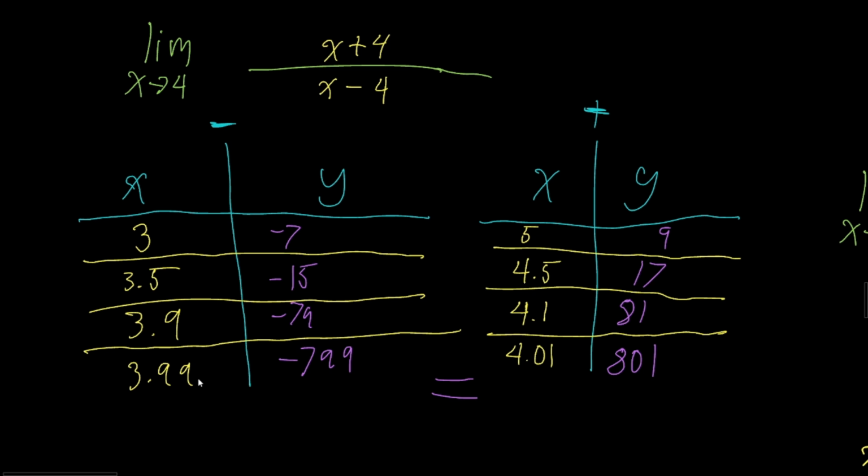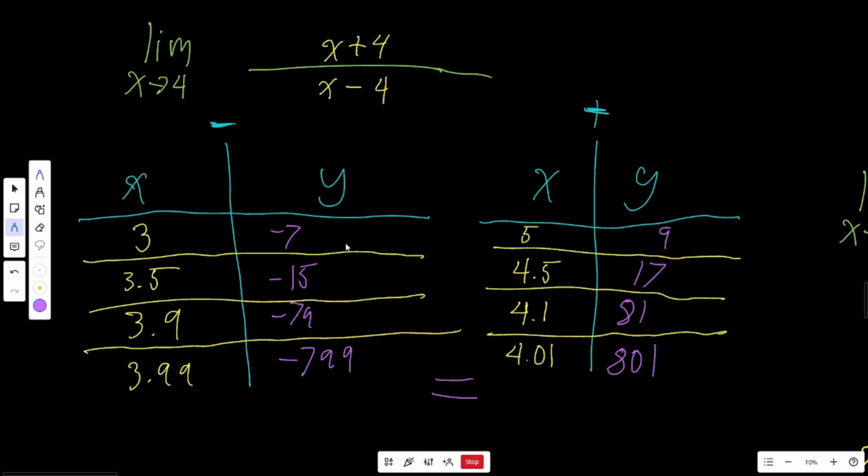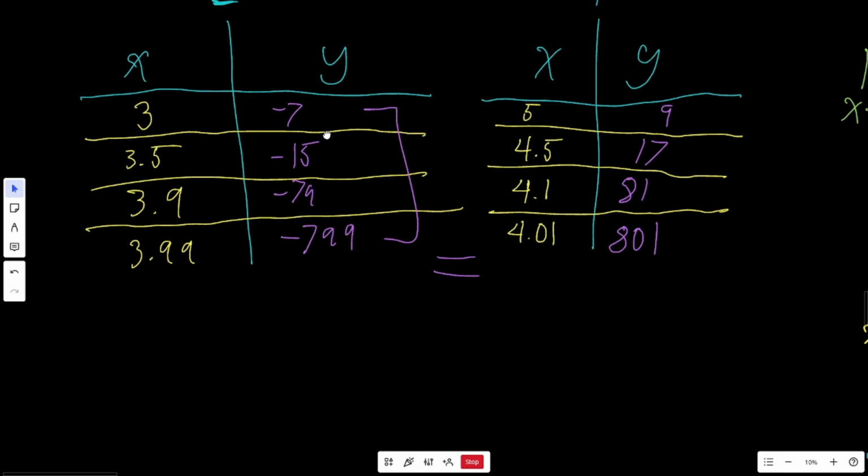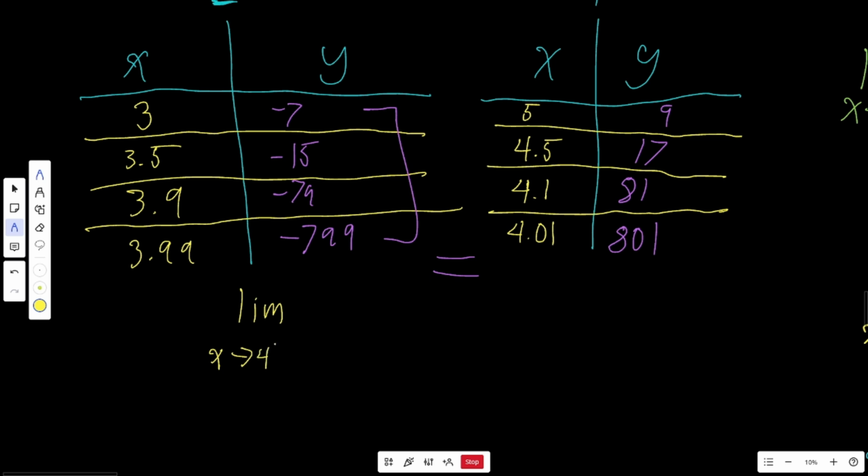Are they equal, or are they approaching the same point? This is infinitely growing. We can say that since this is infinitely growing, the limit from the left, hold on, let's move down. The limit from the left would now be, as x approaches 4 from the left, of f of x is equal to negative infinity, because it has a negative value.